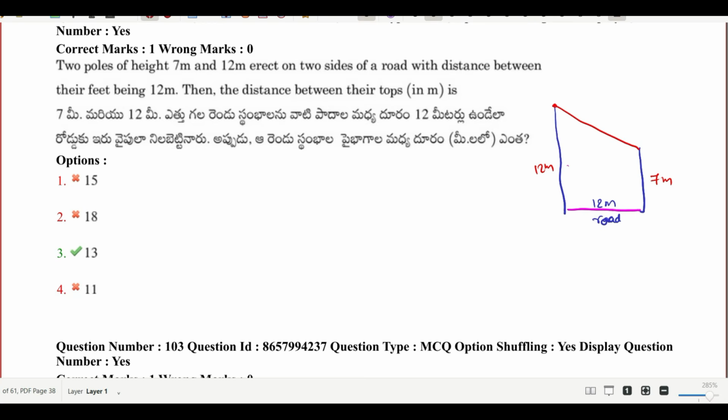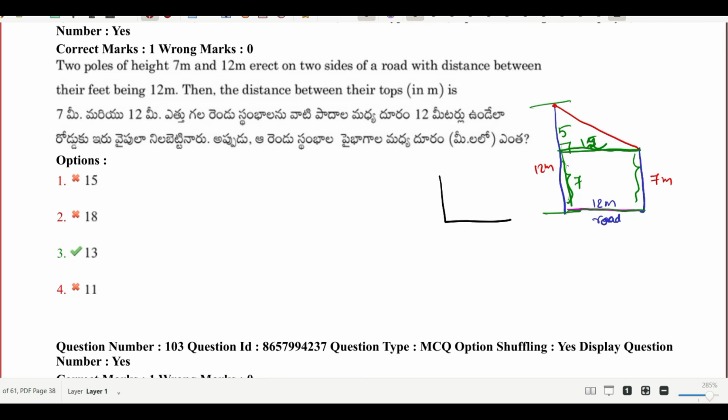To find that, if I draw a horizontal line here, from here to here is 7, and this part is also 7. The total length is 12, this part is 7, so the remaining part is 5. The road is 12 meters, and this is also 12, and here it is at 90 degrees. Now you can see a right angle triangle.